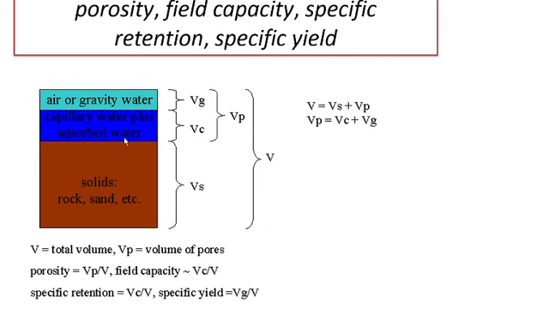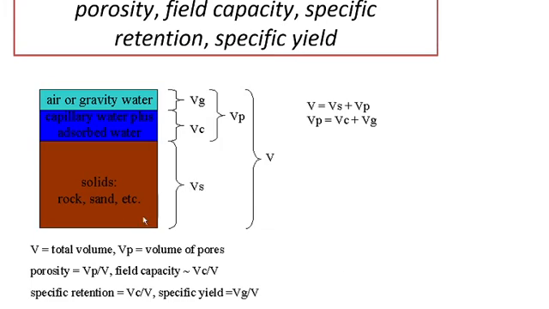Both of these make up the volume of voids, the volume of pores. If we are going to find the porosity, it will be the volume of pores over the total volume. So this will give us the total availability through which water is going to pass.